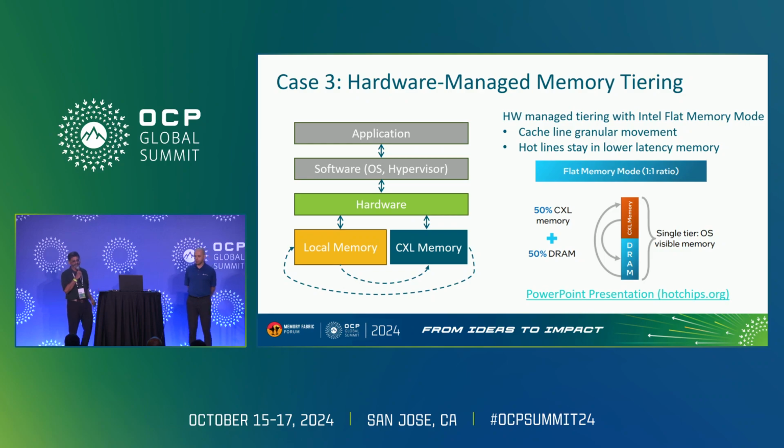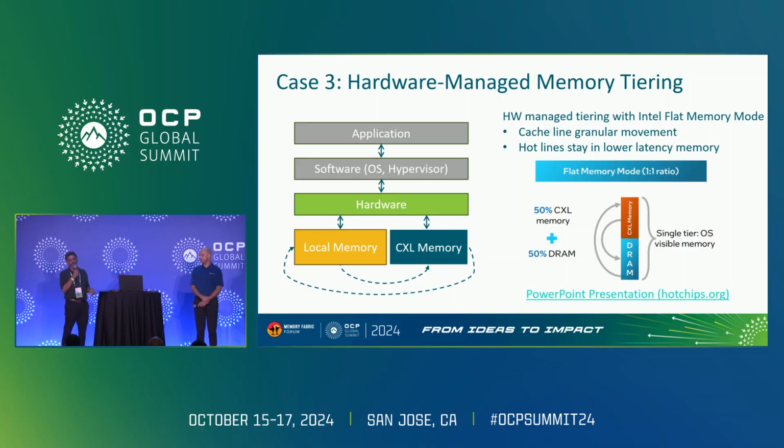And the third one is hardware managed memory tiering. This is where it is done at the CPU level. For example, Intel has this flat memory mode. I have a link to the representation. So what happens is in the CPU, while they're talking to the CXL memory and the local memory, they're continuously swapping these 64-byte cache lines between the CXL and the local memory.